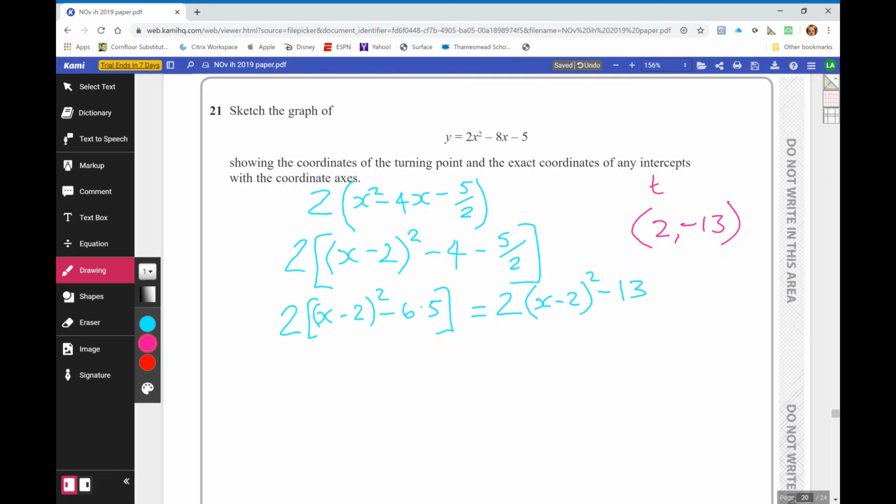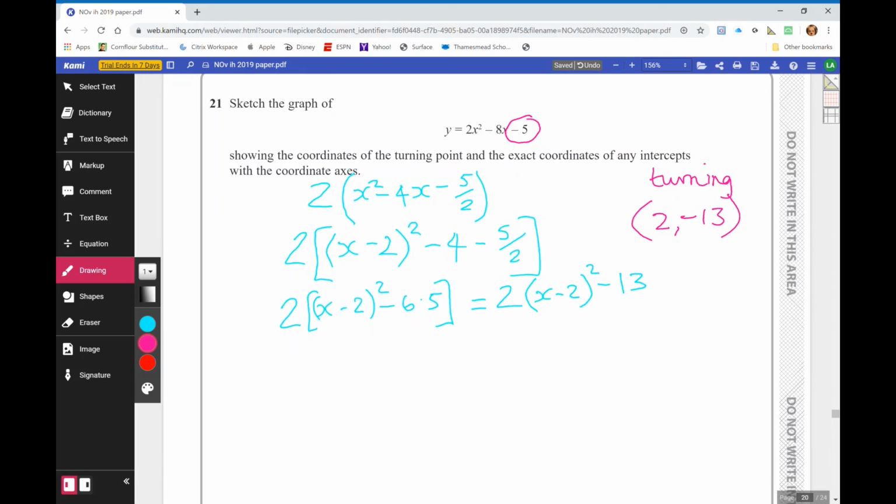Okay, so I'm just going to write a little note about that. Turning point. Okay, and before I move on to solving and the x-axis intercept, we also know the y-intercept is minus 5. So that's actually already given you 2 points, and definitely would be 2 marks.